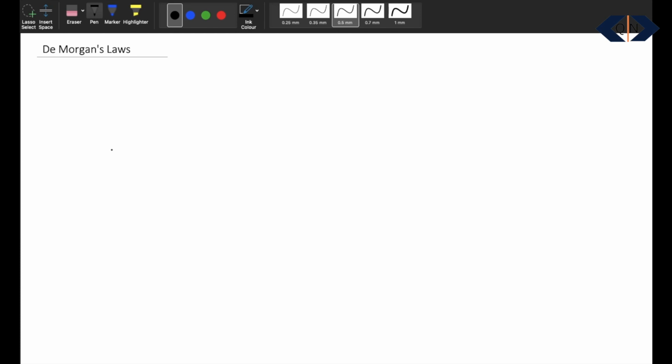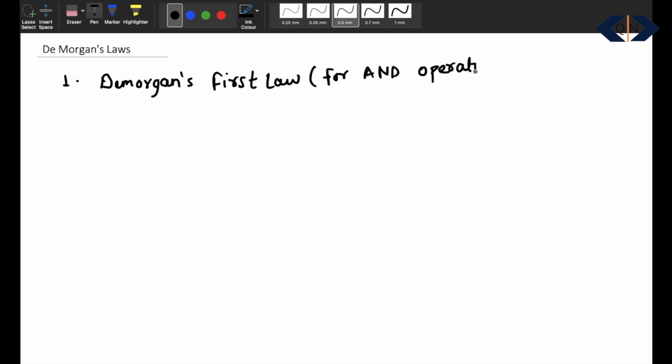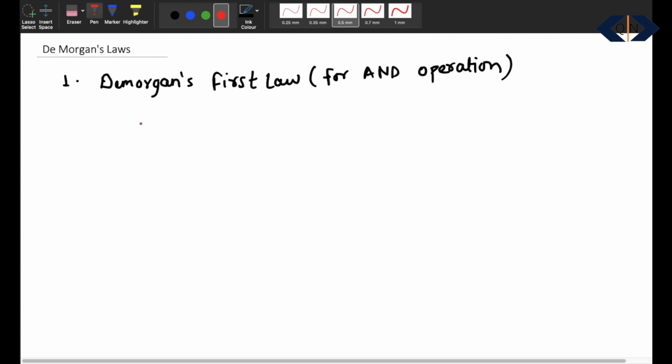So let's start with the first law. De Morgan's first law, and basically this law is for the AND operation. So what does this law say?